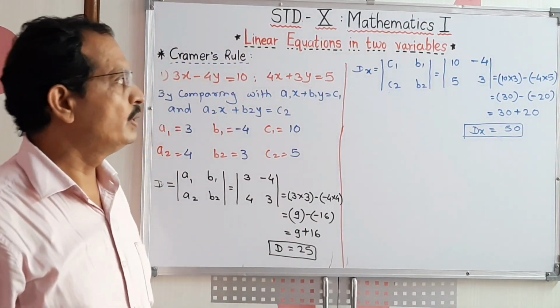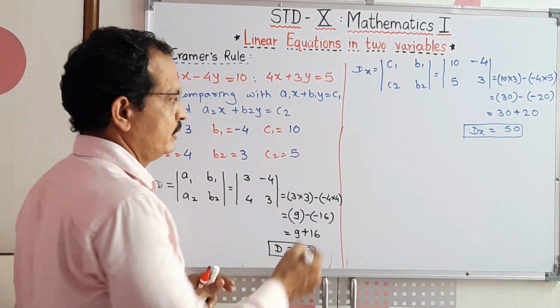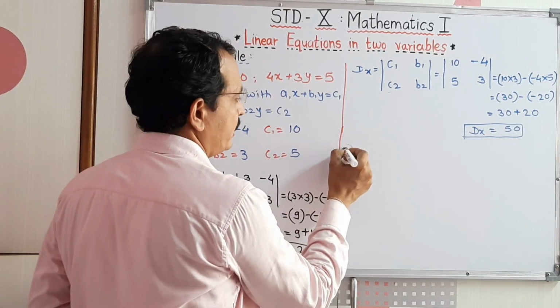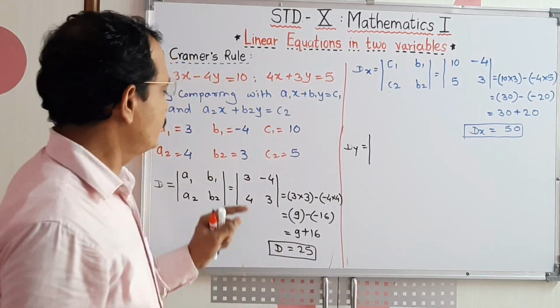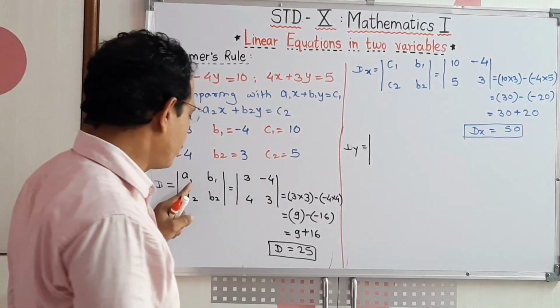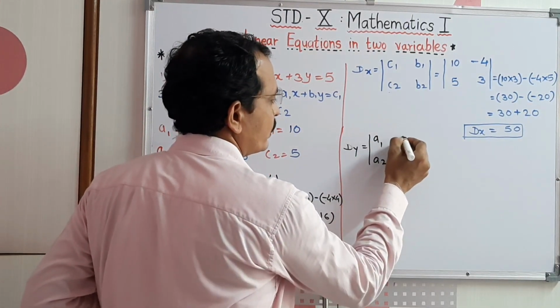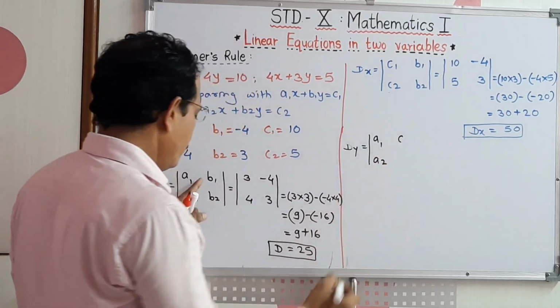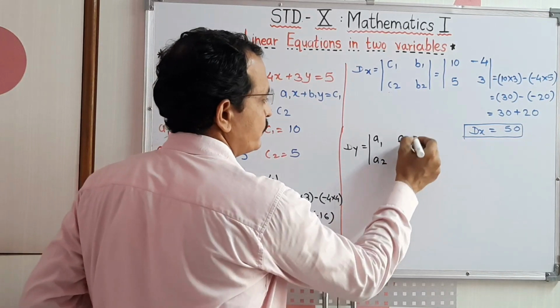Now let's find out the value of Dy. Now Dy is equal to, I told you that we have to replace this b1, b2 with c1, c2. Therefore a1, a2 as it is, and instead of b1, b2 we have to write c1, c2.